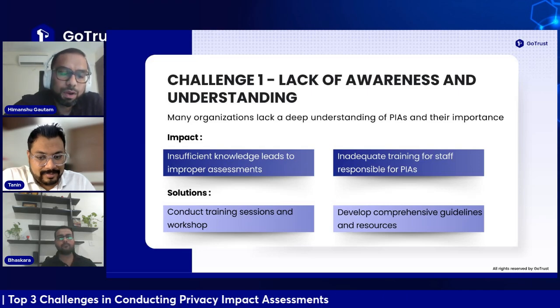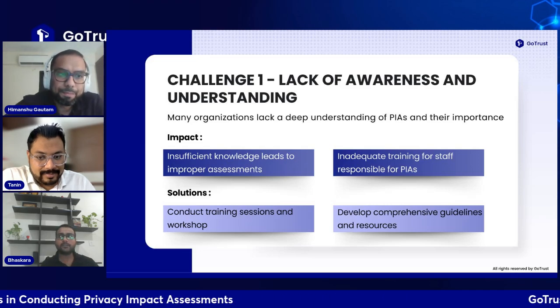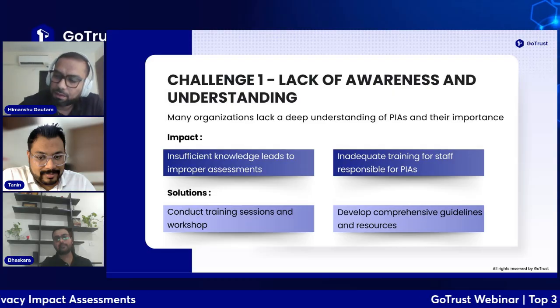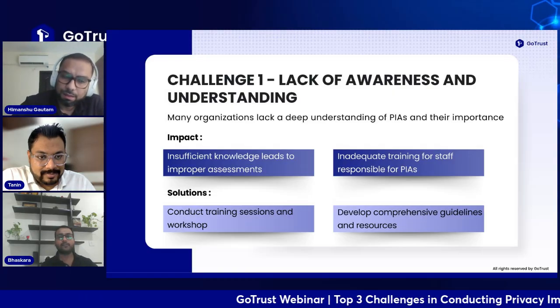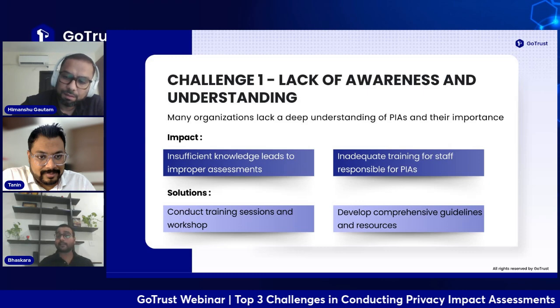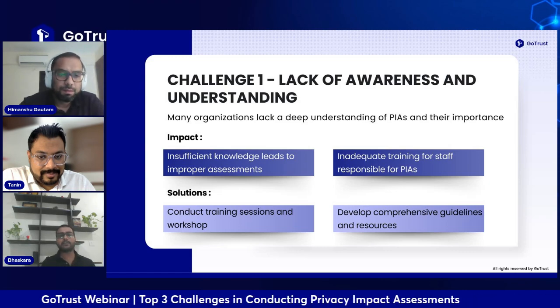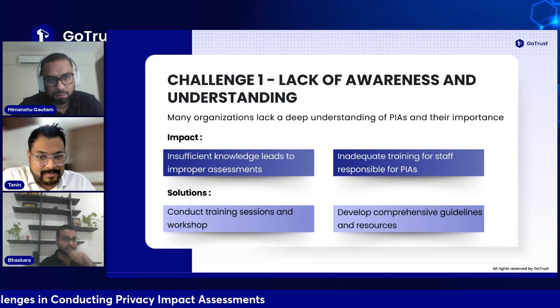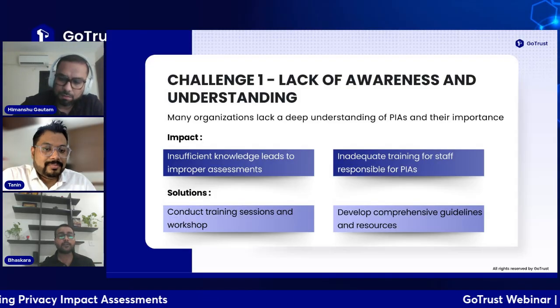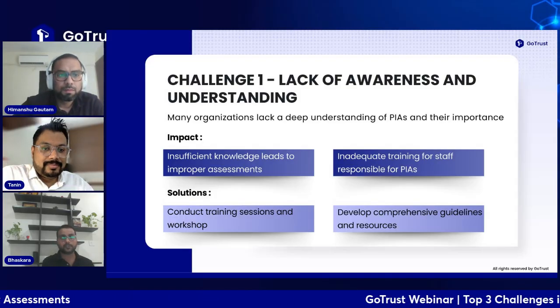Go ahead, Bhaskar. Actually, it definitely is a part of regulatory compliance. That's where it comes from. A lot of companies have received administrative fines in Europe for different reasons, not directly for PIA. For example, for not identifying the correct legal ground of processing personal data.